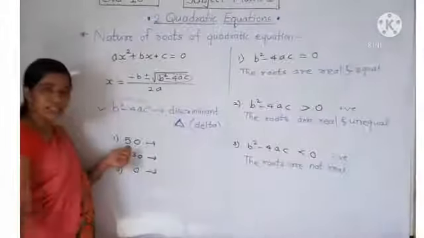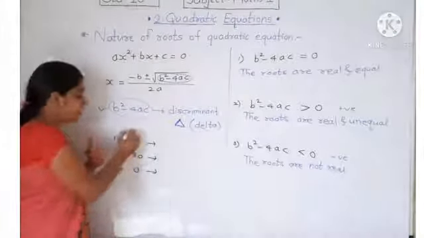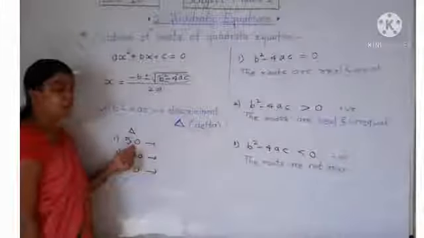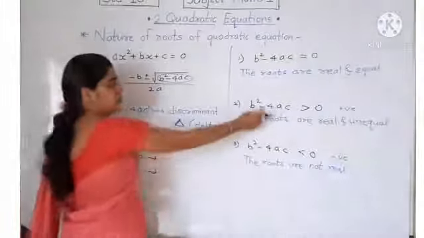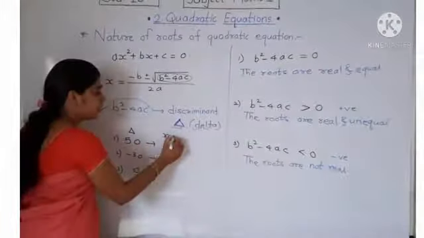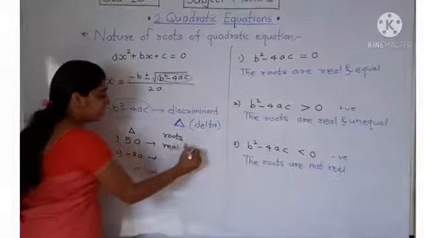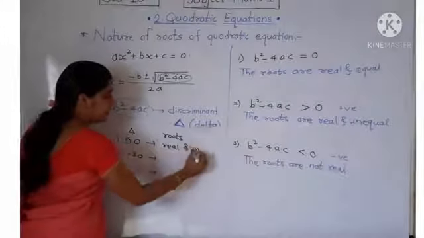So you can easily write: first value of discriminant is given as 50, means positive. If the value is positive, then what is the nature of roots? The roots are real and unequal.